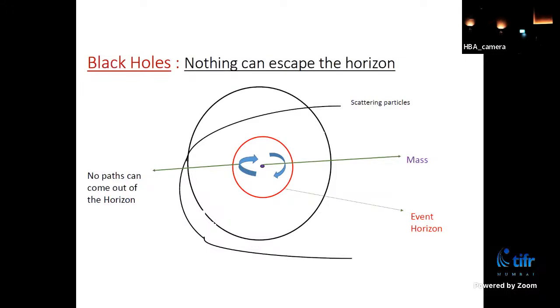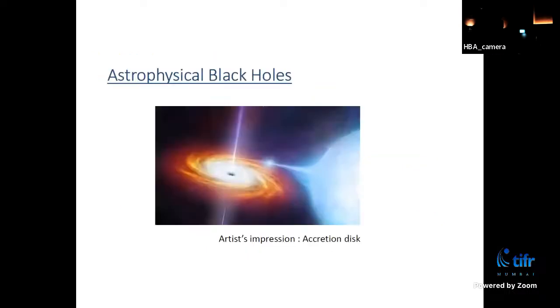But this is for a bare black hole. In the universe, the black holes that exist don't exist in isolation. So let's see what happens. Most black holes are surrounded by some kind of matter, some dust or star. Due to their extremely strong gravitational forces, they will pull the matter near them in towards them.